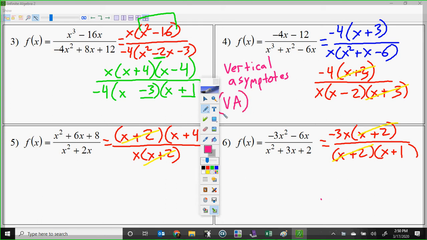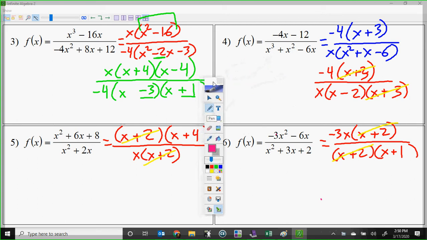Alright, so for vertical asymptotes, it's where the bottom equals 0, but not what I canceled out. It's supposed to have two L's, but that's alright. So I'm going to take what's in the bottom, the denominator, and set each part equal to 0, but I'm not going to include whatever I canceled out. Alright. So let's get rid of that, and let's find our vertical asymptotes.